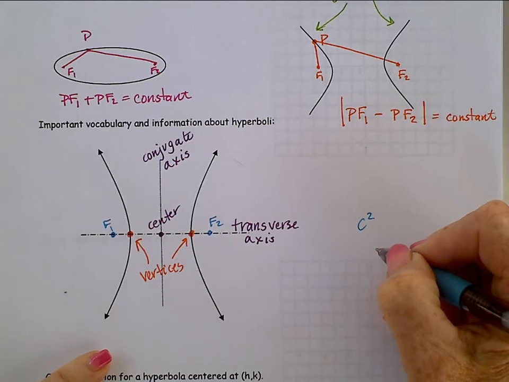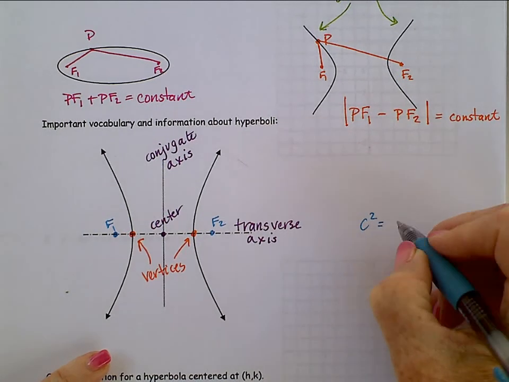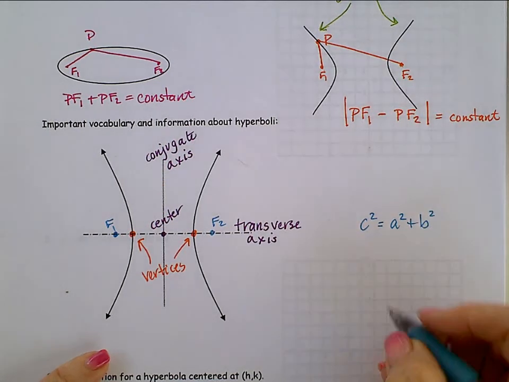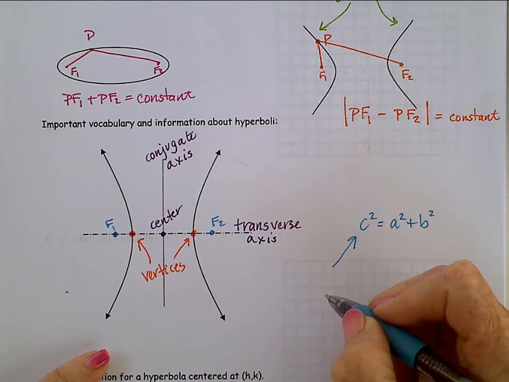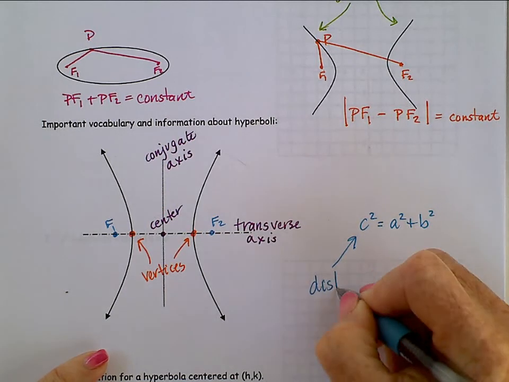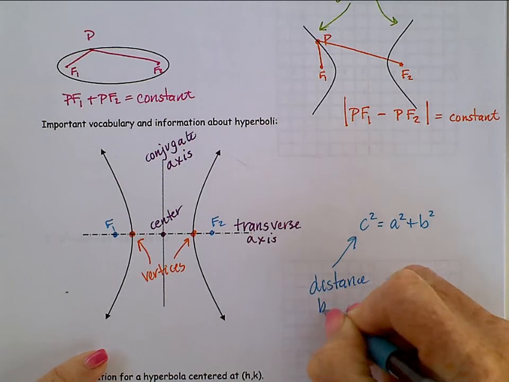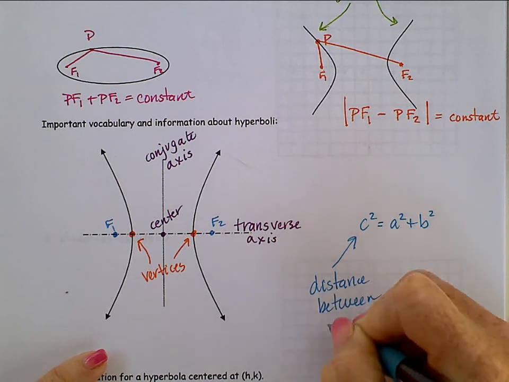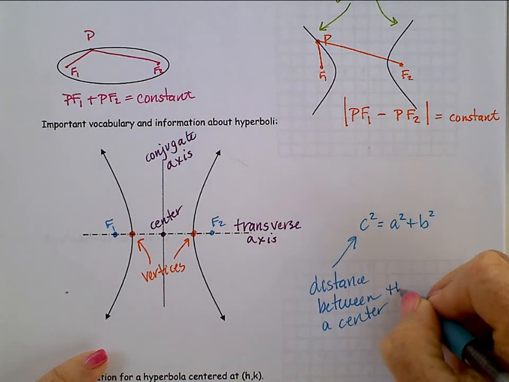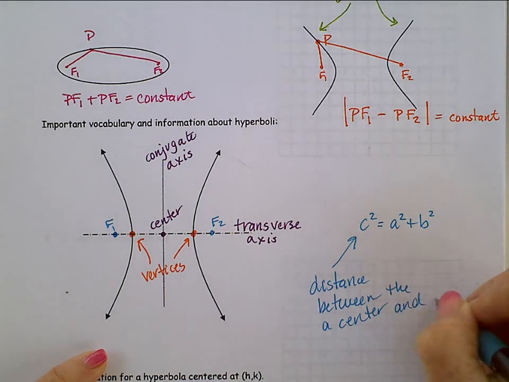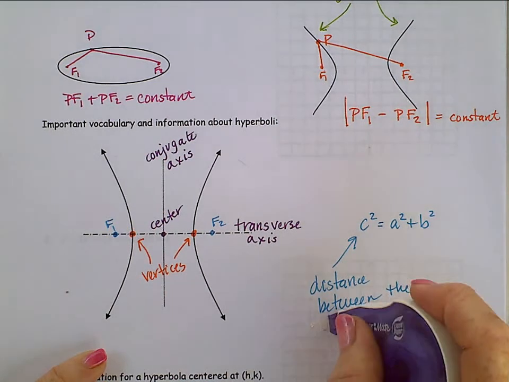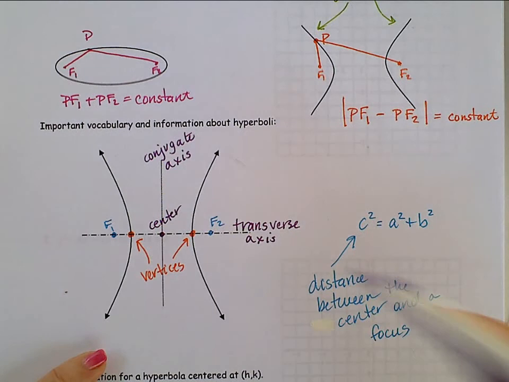For a hyperbola, c squared is a squared plus b squared. And c, again, is the distance between the center and a focus.